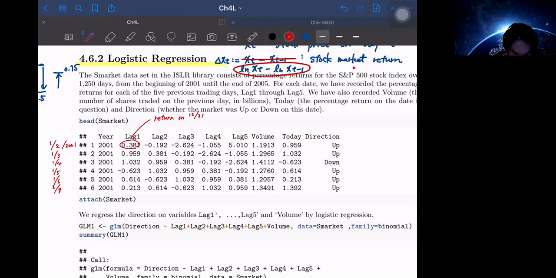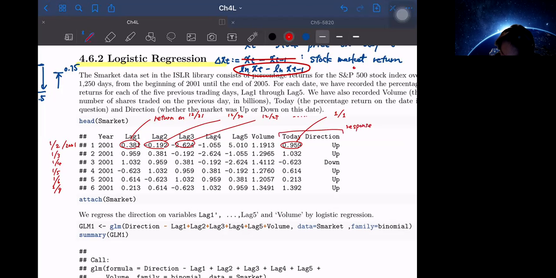So Friday, and Lag 2 means the return on December 30th, and Lag 3, December 29th, and so on. And this is today's return, the return on January 1st. But this is the response. This is the response part.